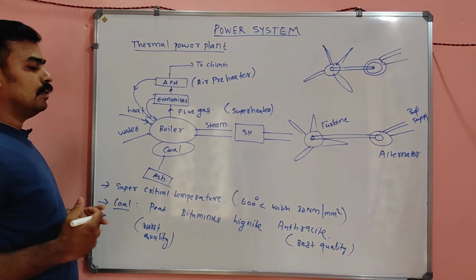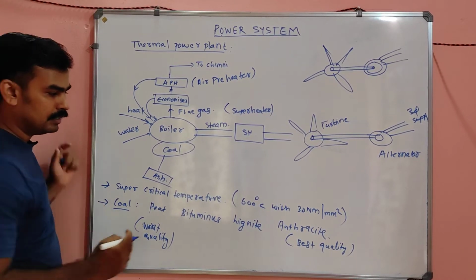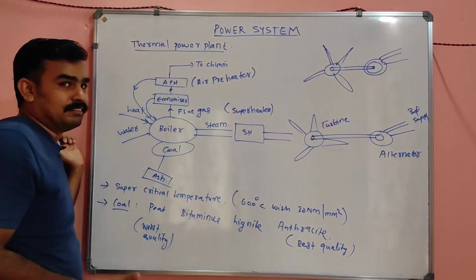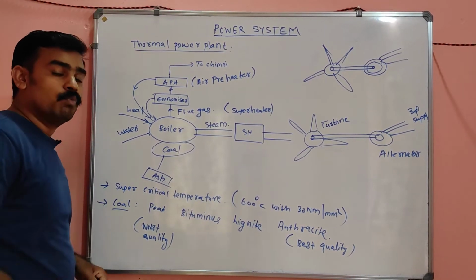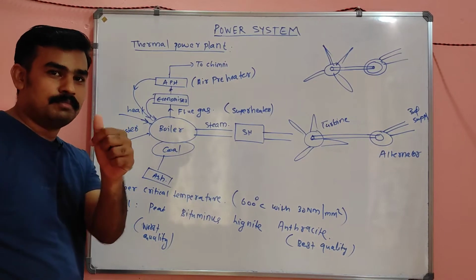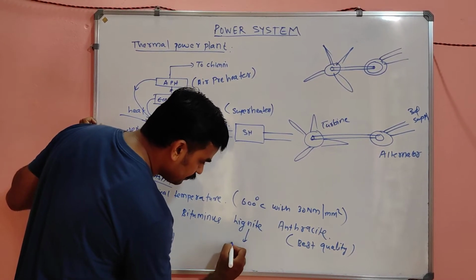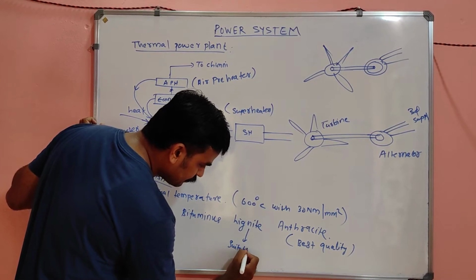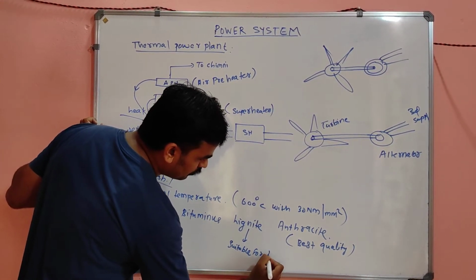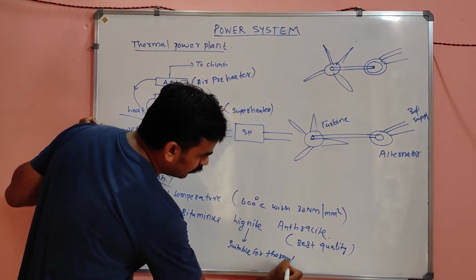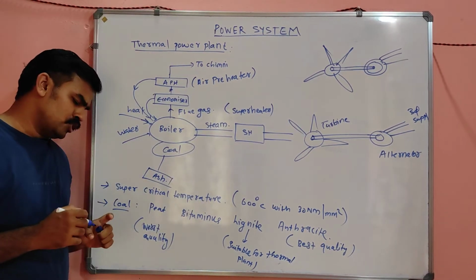And in this thermal power plant, we are using lignite. We don't use anthracite because anthracite is very high quality as well as high cost coal. Bituminous and lignite are suitable for thermal plants.